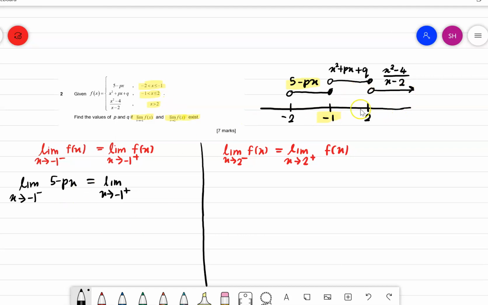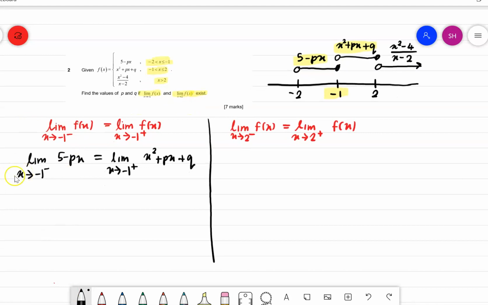Okay, so dia ada dua function here from right, but kita ambil function yang paling hampir dengan -1. So, yang paling hampir is this one lah, x squared plus px plus q. Okay, so kita solve untuk belah kiri ni.